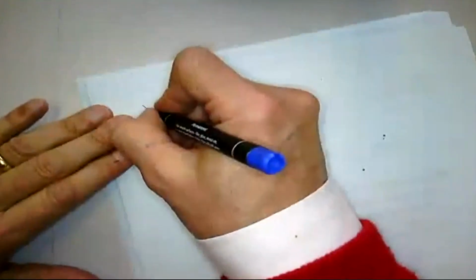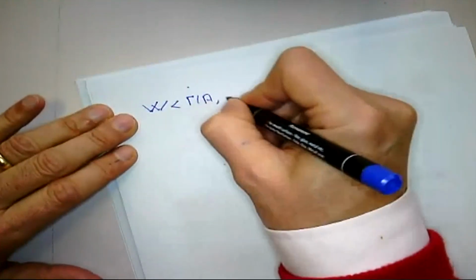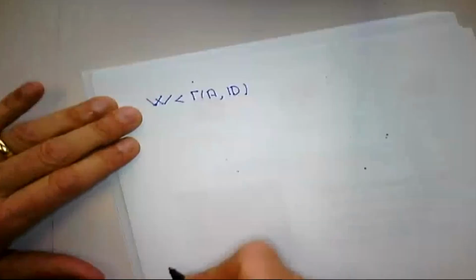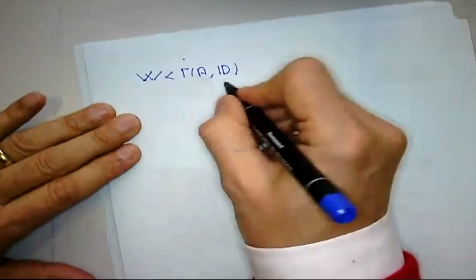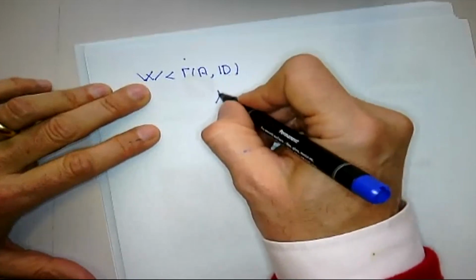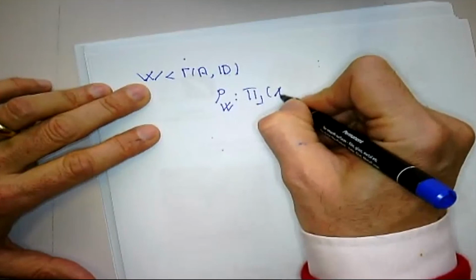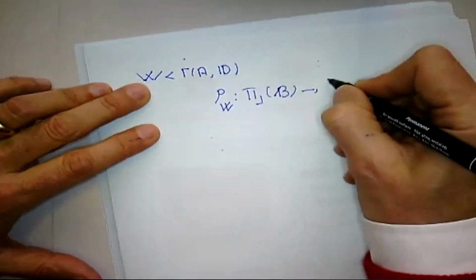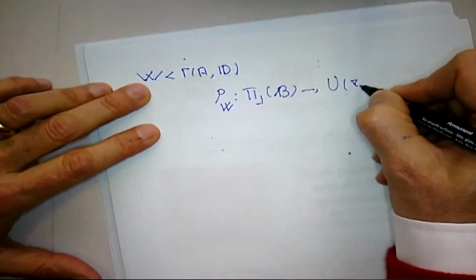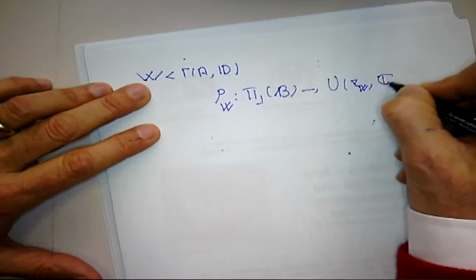If I have W inside Γ(A, D), I have the representation associated to W, so I have ρ_W, π1(B) inside U(rank of W).